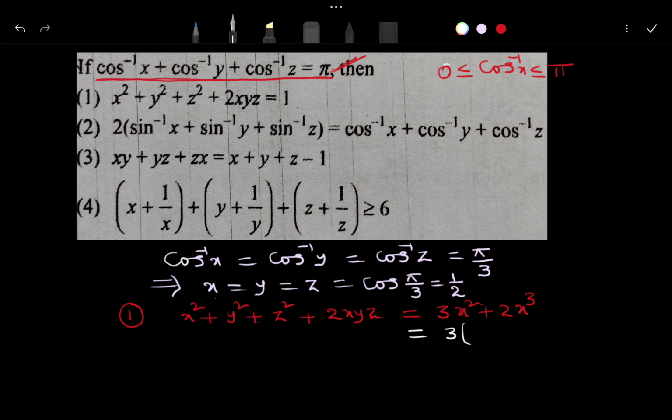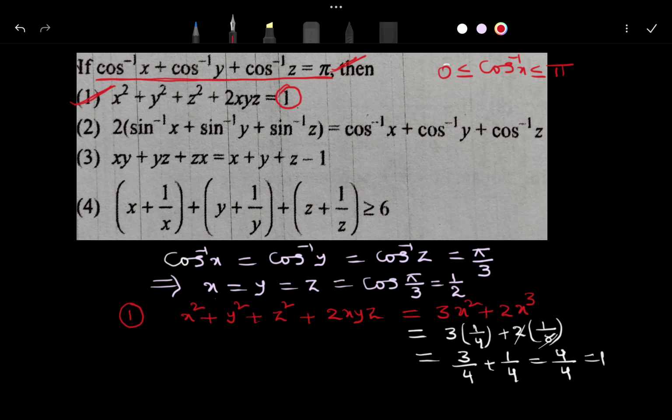So 3 into 1 by 4 plus 2 into 1 by 2 whole cube, that is 1 by 8. Now this is 3 by 4 plus 2 by 8, that is 1 by 4, which is equal to 4 by 4, which is equal to 1. So very clearly here the LHS value is 1, and the RHS is also given as 1. So the first option is the correct answer, right?